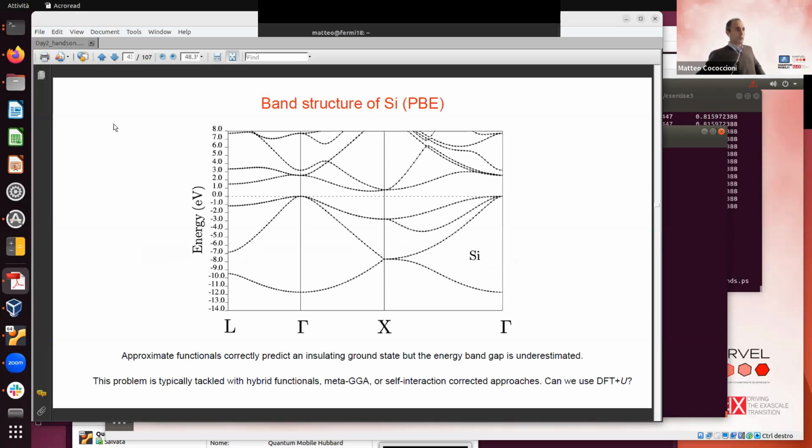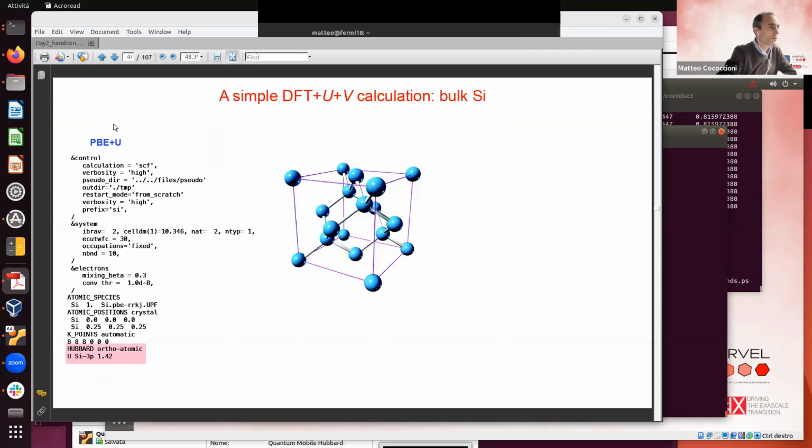As I was mentioning this morning, the band structure of silicon looks already kind of good with PBE or PBEsol that we've used here, although the energy band gap is underestimated compared to the experimental one, and other properties are predicted okay, not bad, but can be improved. Typically, this kind of problem is approached with hybrid functionals or self-interaction corrections to the DFT. We want to see if we can do a little better than that with U plus V.